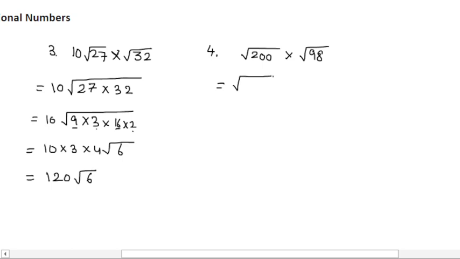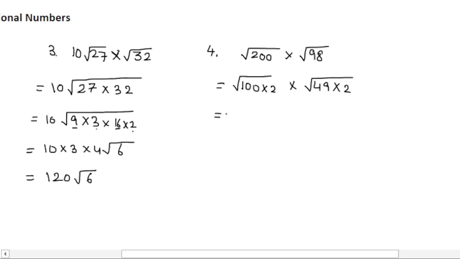So 200 can be written as 100 times 2. 98 can be written as 49 times 2.